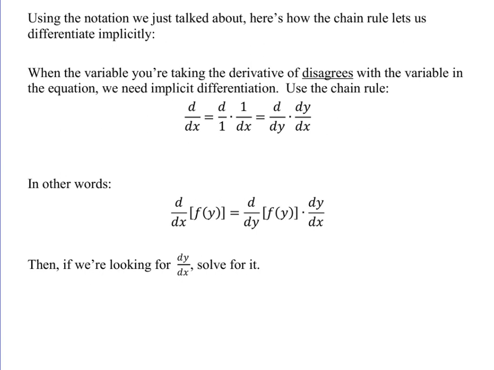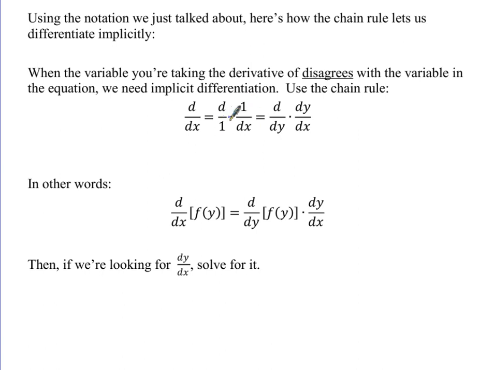So if I'm taking the derivative with respect to x, but I've encountered a y, those variables don't agree. So I have to use implicit differentiation there, which means I need the chain rule. So if I'm taking the derivative with respect to x of something, that's kind of like saying the derivative over 1 times 1 over with respect to x. This isn't the best math here, but it's the best way to explain how this works. So now I have this fancy 1 sitting here.